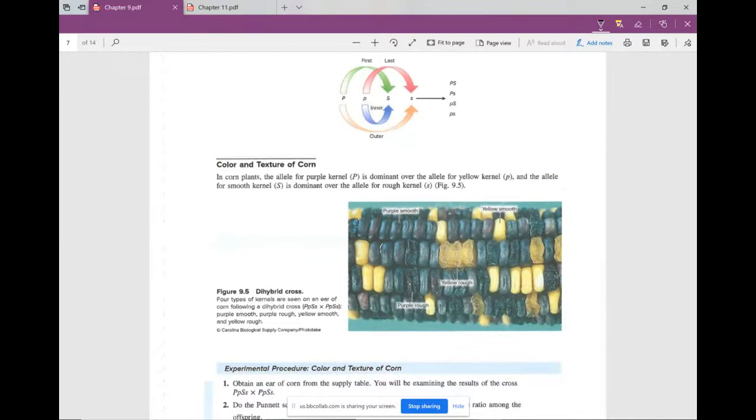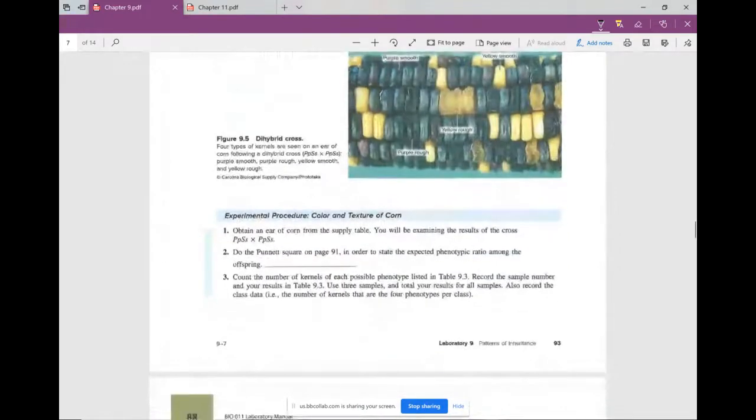Remember back to your algebra. Here it says, obtain an ear of corn. You will be examining the results of this dihybrid cross.